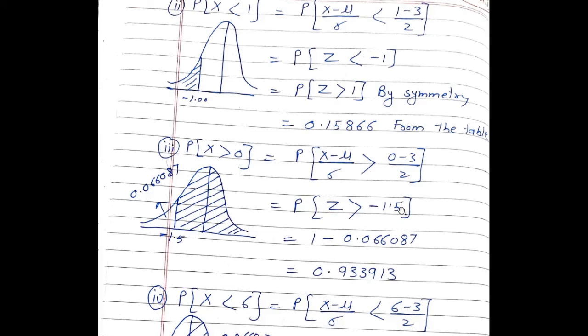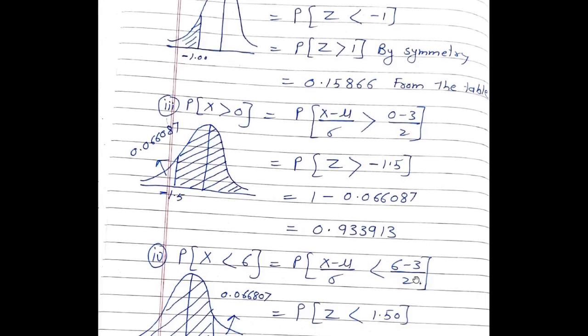So for 1.5 in the 0 column, the value is 0.066807. But we want the right hand side portion. We know that the total area is 1, so this can be written as 1 minus 0.066807. So the answer is 0.933193.